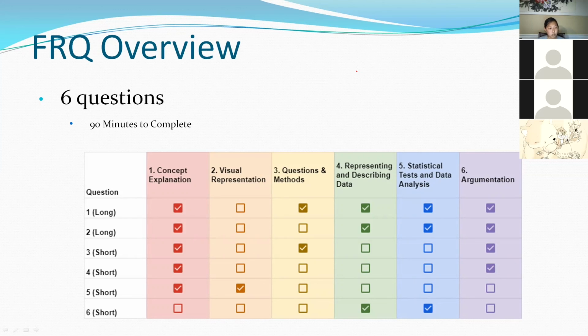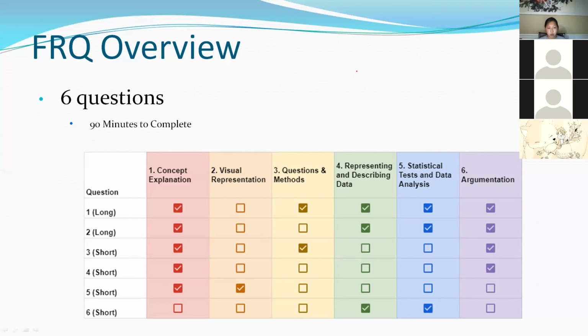The long ones are basically just longer questions with more scenario, while the short ones are shorter. Okay, so College Board has things organized very well so that you can know what will be tested on every single question. This can all be found in the course and exam description, and you can just look it up.